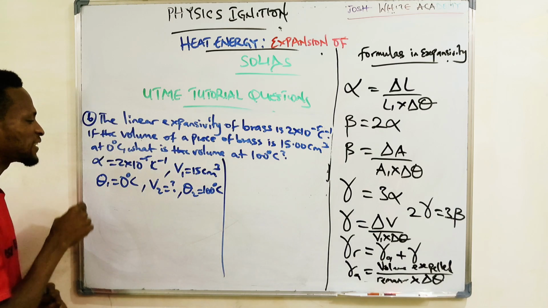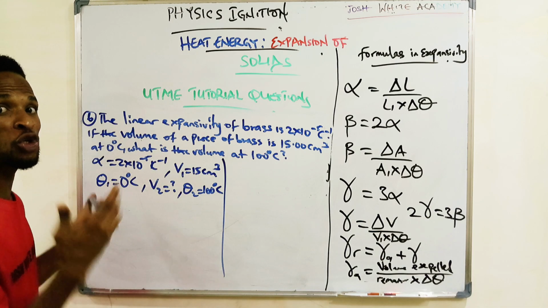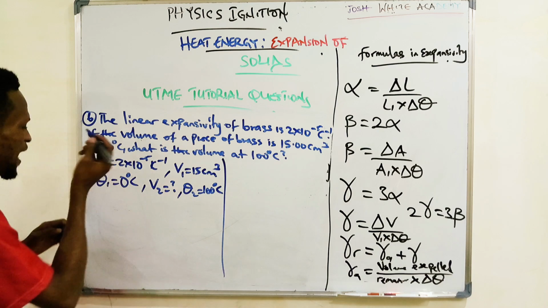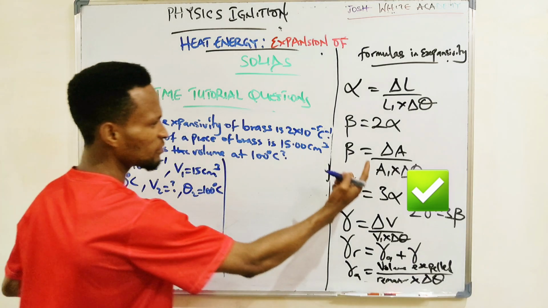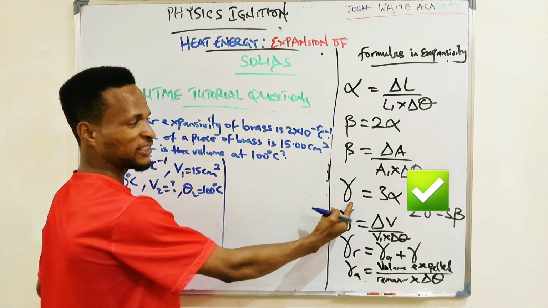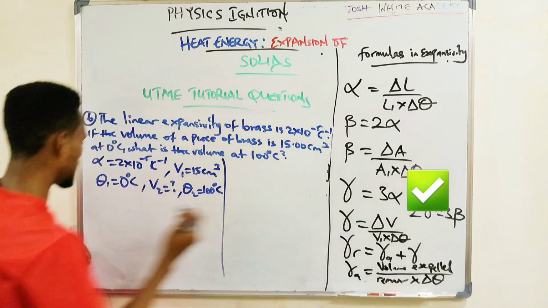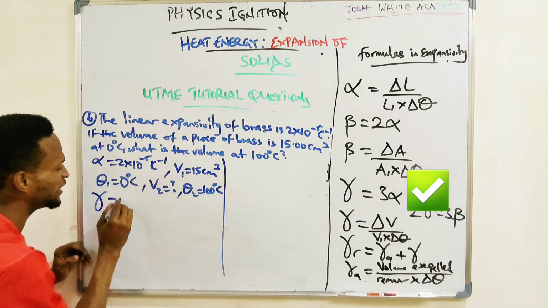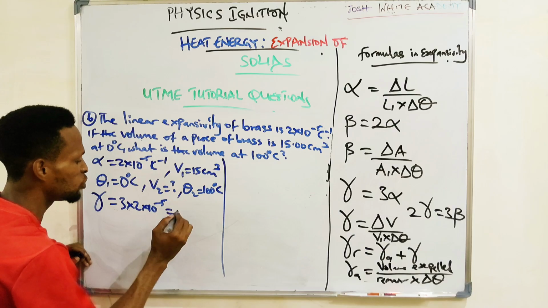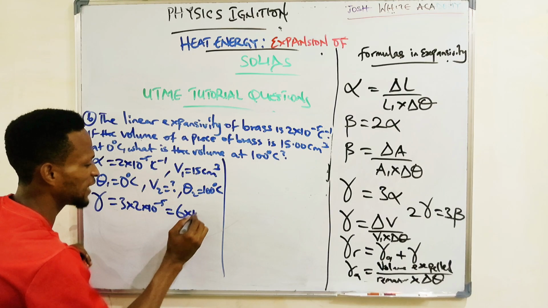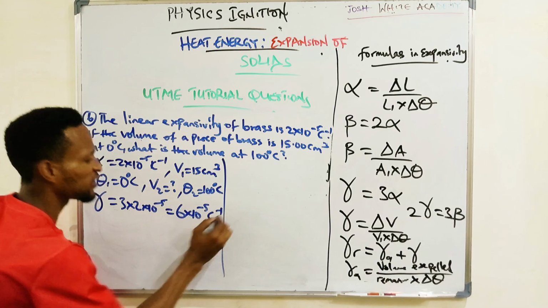So we need to convert the linear expansivity to cubic or volume expansivity, and how we do that is by multiplying it by 3. Remember, cubic expansivity is 3 times linear expansivity. That means our volume expansivity is 3 times 2 exponential -5, which will give us 6 times 10 to the power of -5 per Celsius.